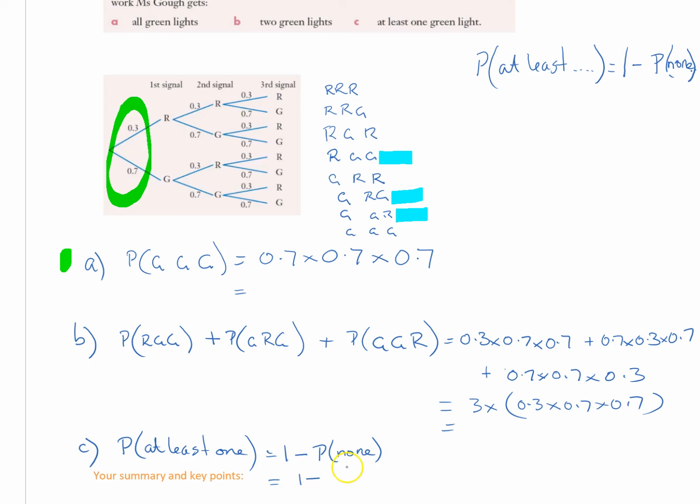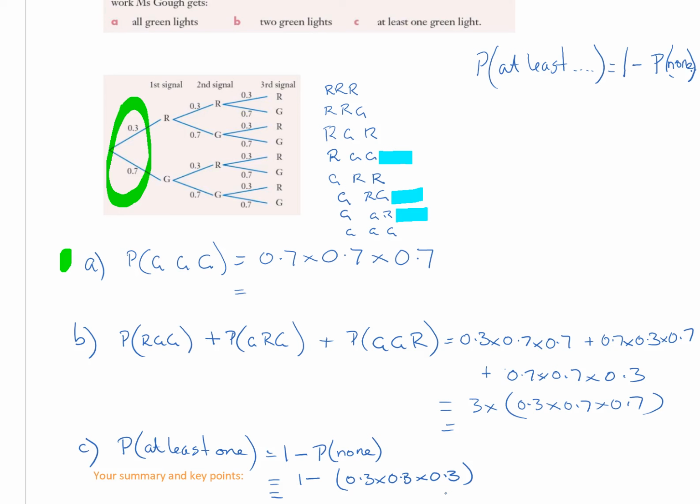The probability of no green at all is the top branch where they're all red. The probability of no green ones would be 0.3 times 0.3 times 0.3. And again, I'll leave you to do that calculation because that's just using your calculator.